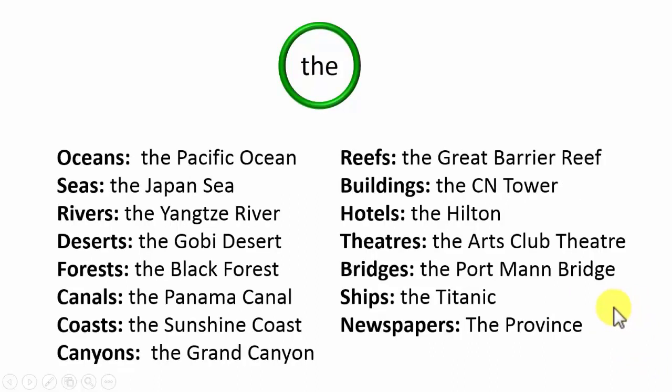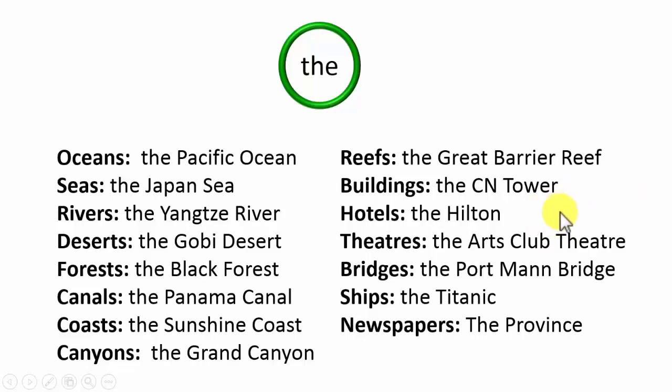However, you need to use "the" with these proper nouns. Oceans, the Pacific Ocean. Seas, the Japan Sea. Rivers, the Yangtze River. Deserts, the Gobi Desert. Forests, the Black Forest. Canals, the Panama Canal. Coasts, the Sunshine Coast. Canyons, the Grand Canyon. Reefs, the Great Barrier Reef. Buildings, the CN Tower.